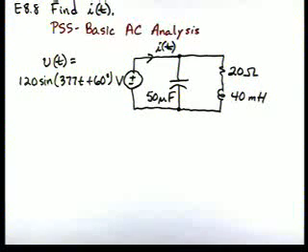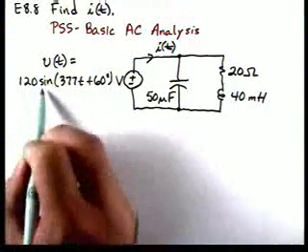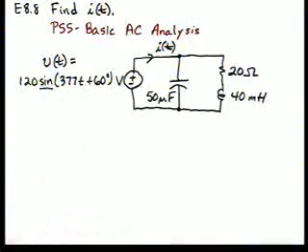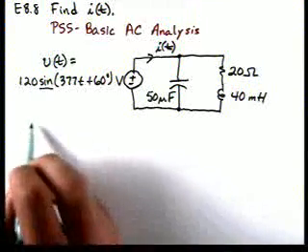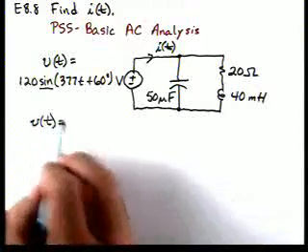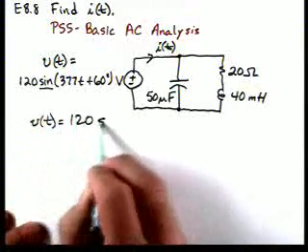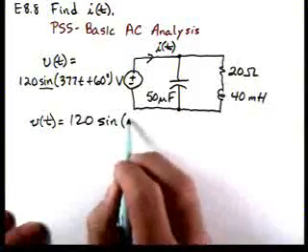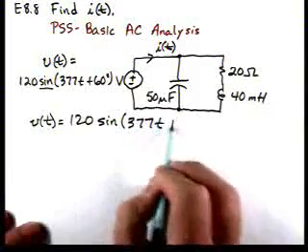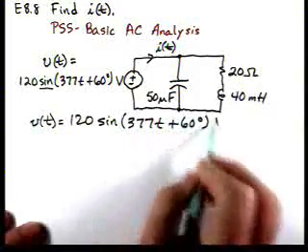passive element. Well, to start, if you'll note, we're given a sine wave, and our phasor transformation was defined in terms of a cosine. So we need to take our source voltage and convert it to a cosine wave. So we have 120 sine 377t plus 60 degrees.